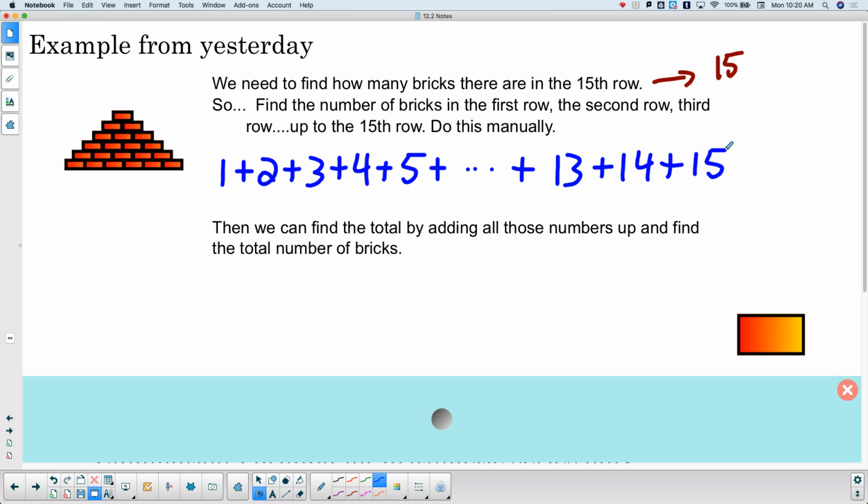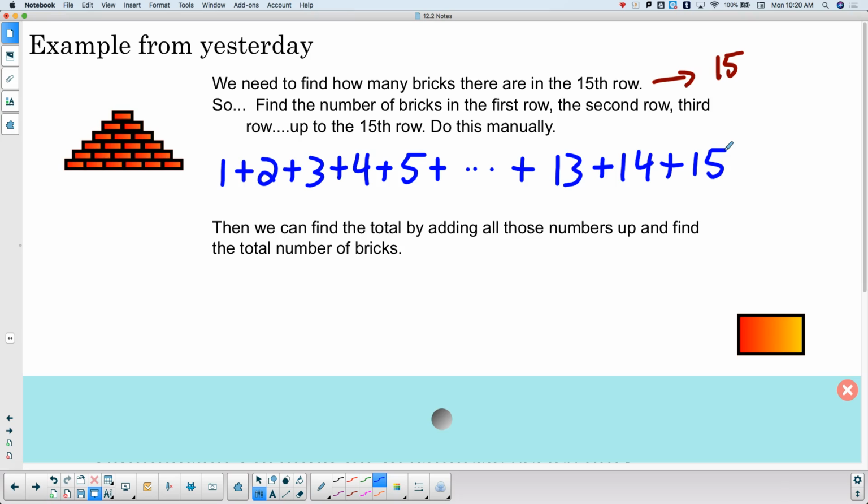Oh, it's mentally exhausting, right? But we can do it that way. We can always do it that way. We can always write out all the terms in the series and add them up manually. Because that's how we're doing it. We're doing it arithmetically. Okay? So we can always do that.